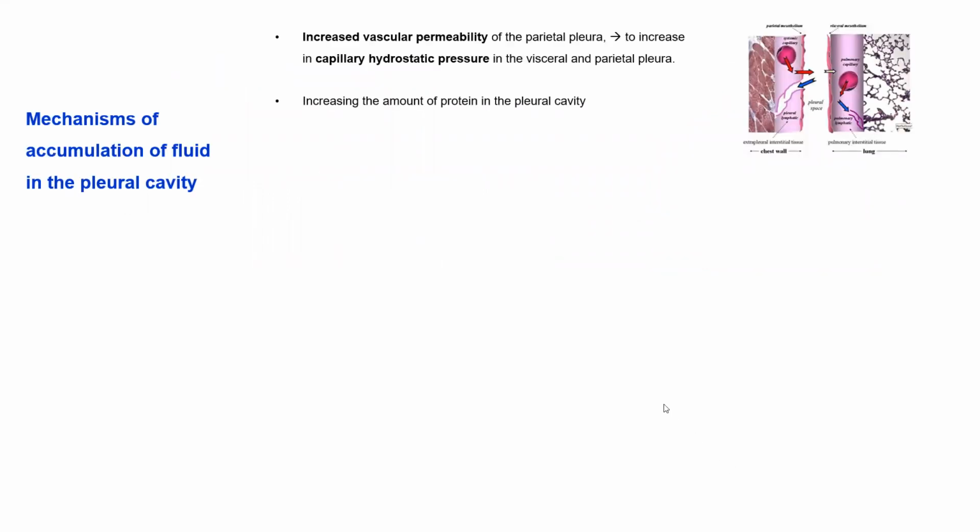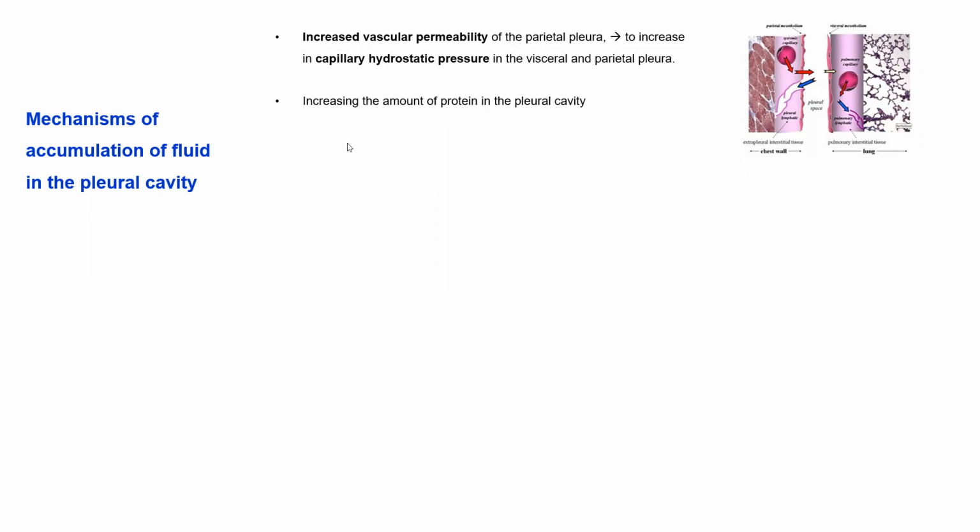Mechanism of accumulation of fluid in the pleural cavity. There are several mechanisms. First, it may be due to increased vascular permeability of the parietal pleura, which leads to an increase in capillary hydrostatic pressure in the visceral and parietal pleura.